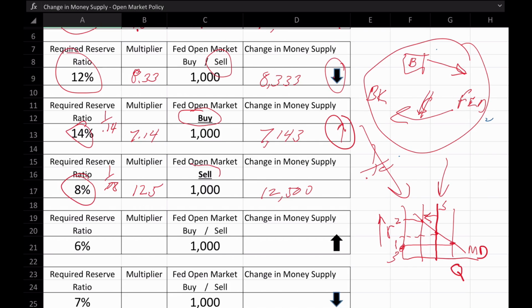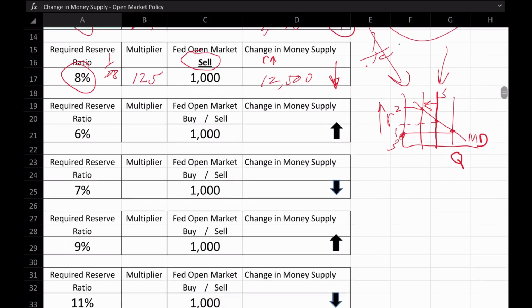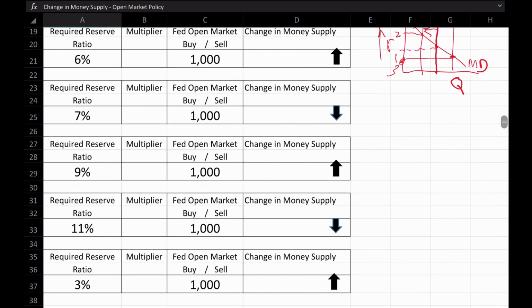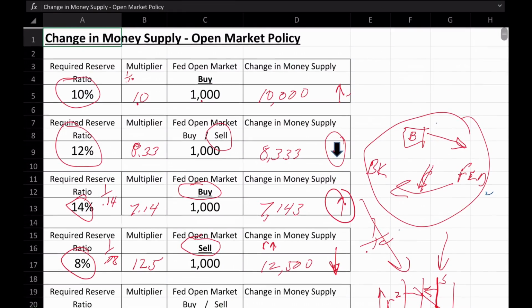Now the Fed's selling bonds, so if the Fed sells it, the banks have to give the Fed money. If the money goes into the Fed, the money supply shrinks, which means interest rates will increase and business activity will slow down. As you can see, you have several more you can work, and you can see how it works out that way. So that's what there is.